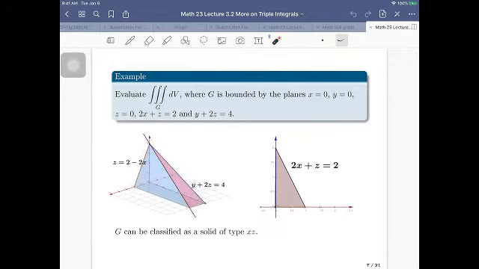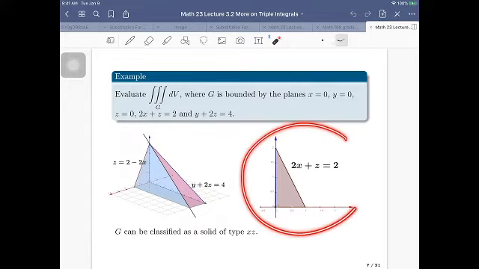So this is a simple solid of type xz, and we can solve the triple integral using just one evaluation, right? So always, and I think I have not emphasized this before, when we try to evaluate triple integrals, there are two things that we need to draw so that the limits of integration would be clear to us, and that is the three-dimensional object as well as the projection.